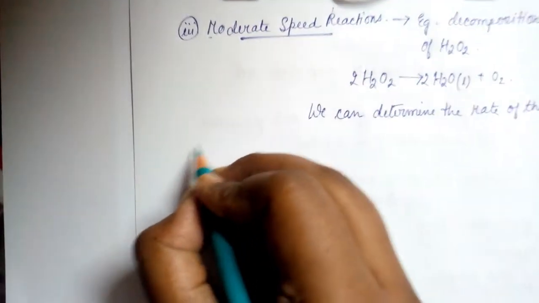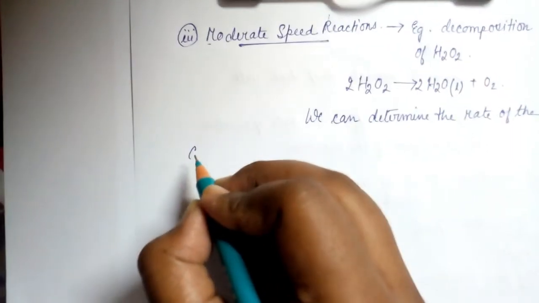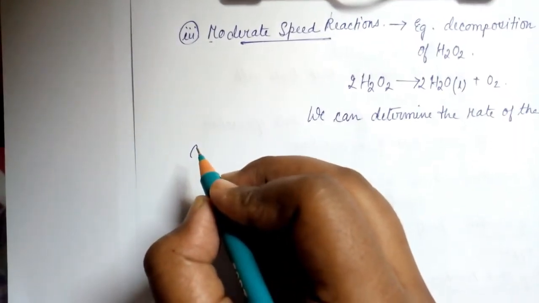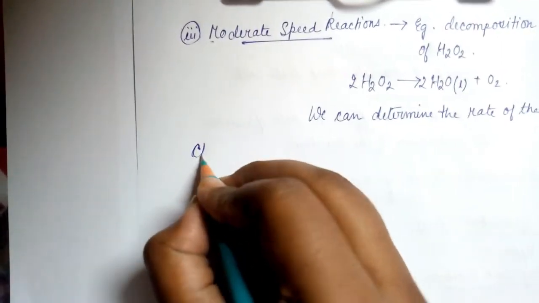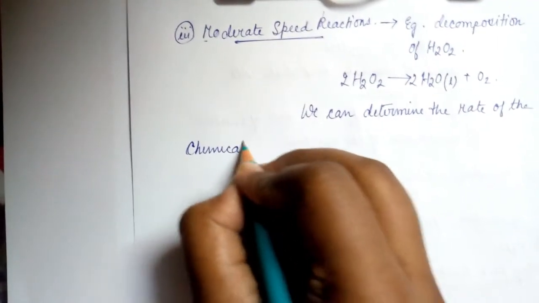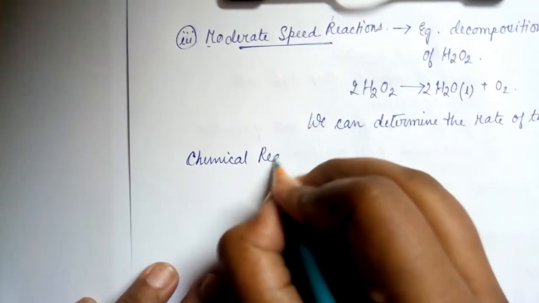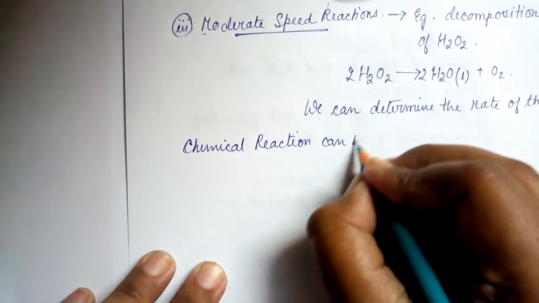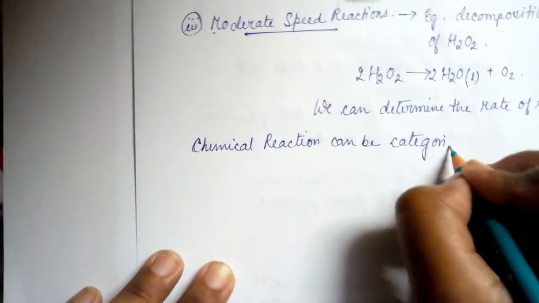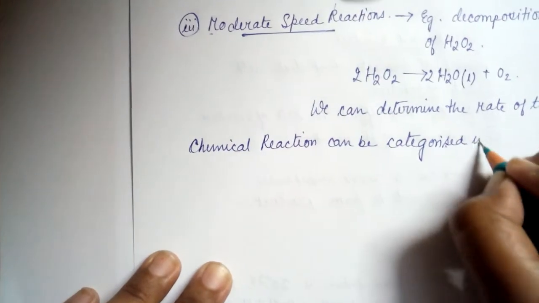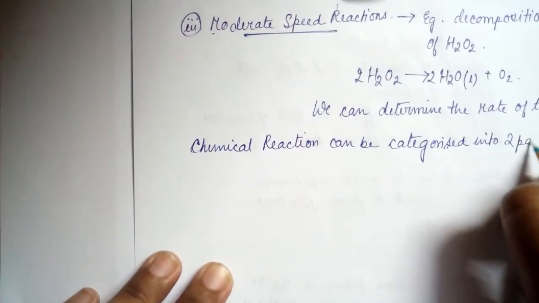Again, chemical reactions can be categorized into two parts based on the steps of the reaction.